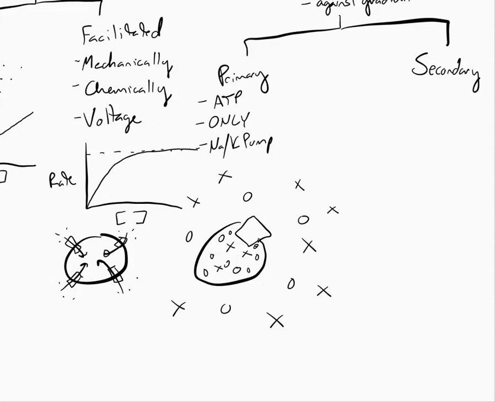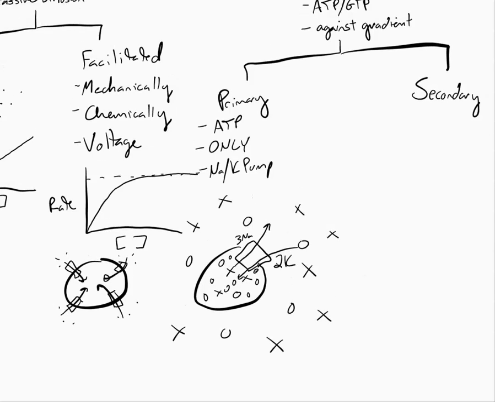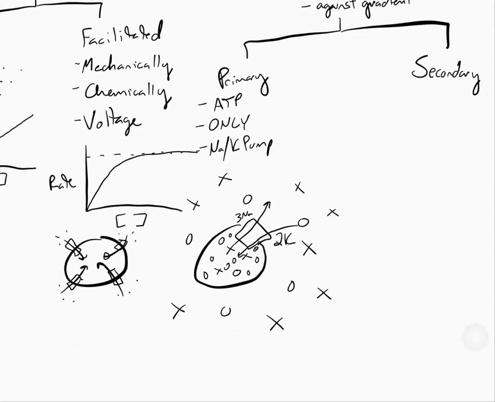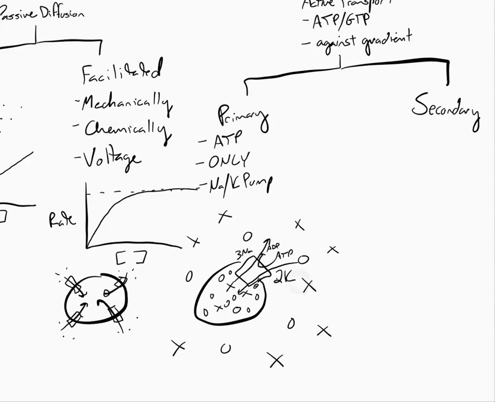But to continue keeping this gradient high, we would be pumping 3 sodium ions out against the gradient to the higher concentration on the outside, and we'd be pumping 2 potassium into the cell against the gradient again to the higher concentration of potassium within the cell. That's going to require ATP being turned into ADP to allow that to happen.